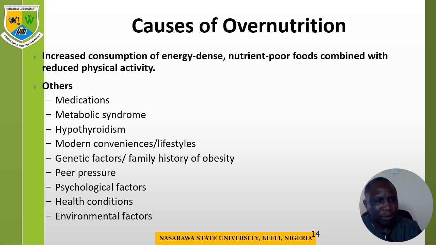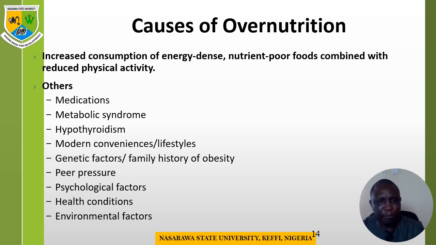We have other causes, which include medications, metabolic syndrome, hypothyroidism, modern conveniences, and lifestyles. Yes, modern conveniences. Technology has taken over things we can do physically. So our lifestyles, like using the lift instead of the staircase.